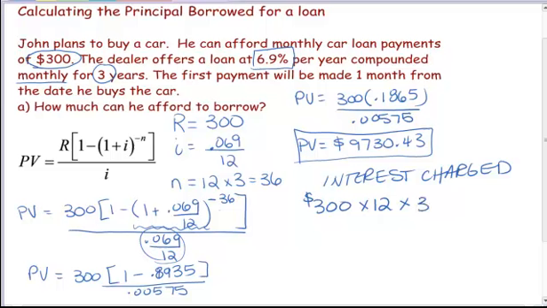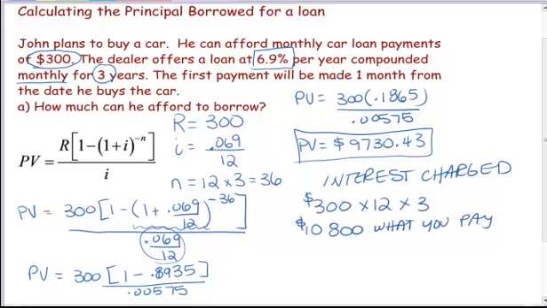So the same as the 300 times 36. And when you do this, you get an answer of $10,800. That's what you pay at the end of your 3 years.